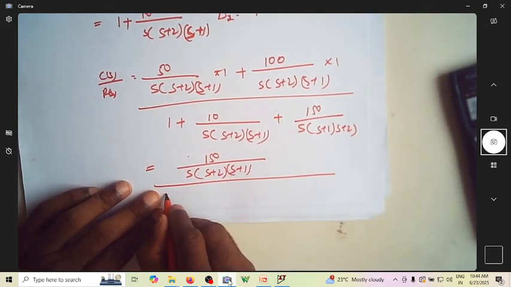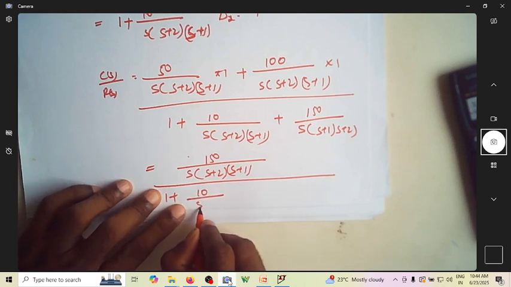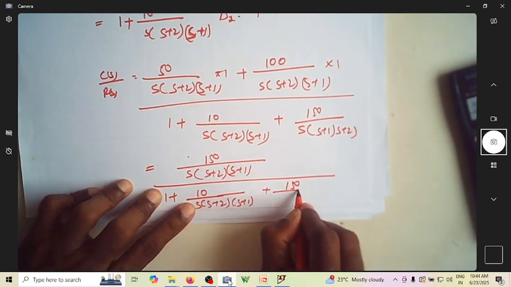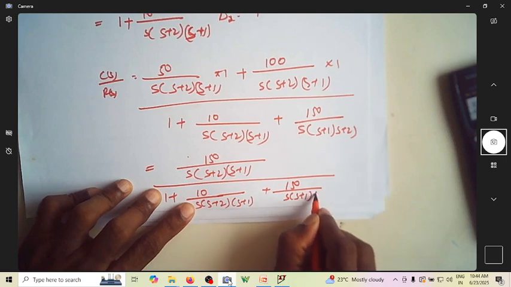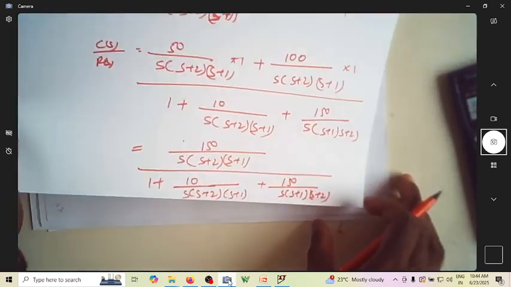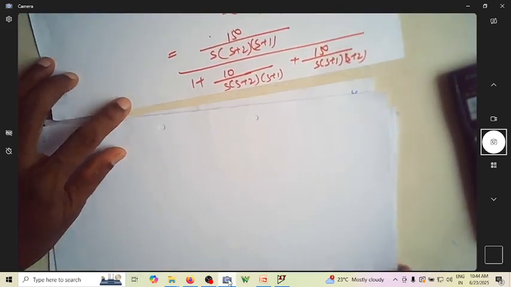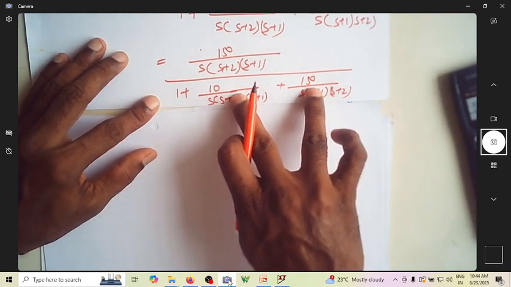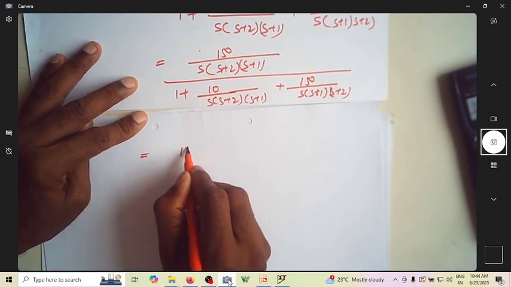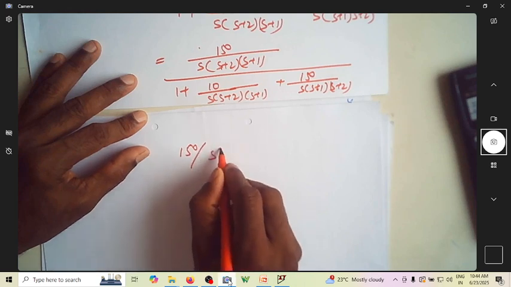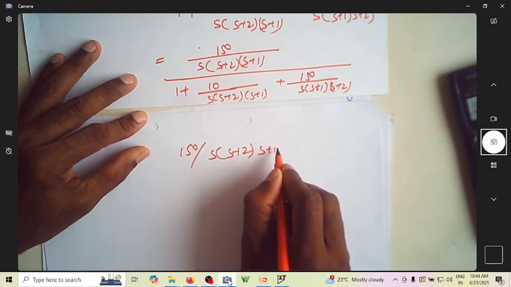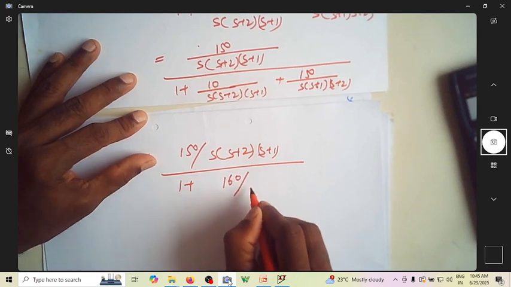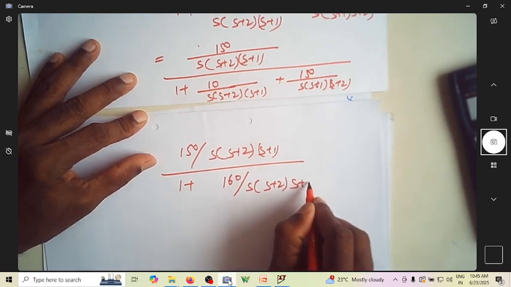So this is the numerator. In the denominator I have 1 plus 10 by s into s plus 2, s plus 1, plus 150 by s into s plus 1, s plus 2. Can you see I have all these components? Now the denominator of this and these two is the same term. I can still write it as 150 by s into s plus 2, s plus 1, divided by 1 plus 160 by s into s plus 2, s plus 1.